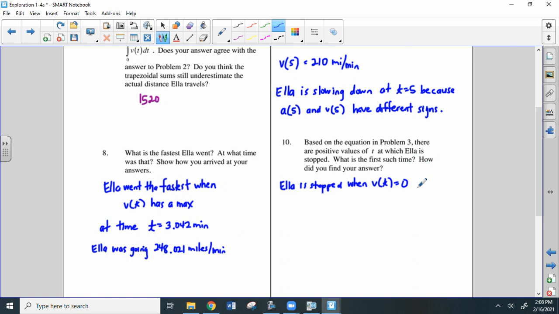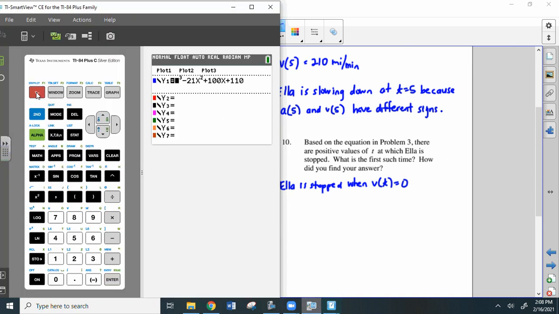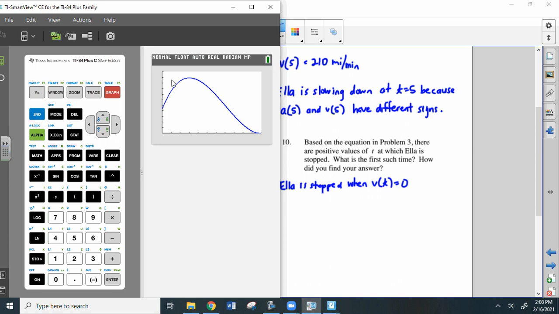Ella is stopped when velocity equals 0. Now, how do I find such time? What is the first such time? How do I find it? Well, I'm going to go to my calculator, since this function is in my calculator, and I'm going to look at the graph, and I want to find when it is equal to 0.